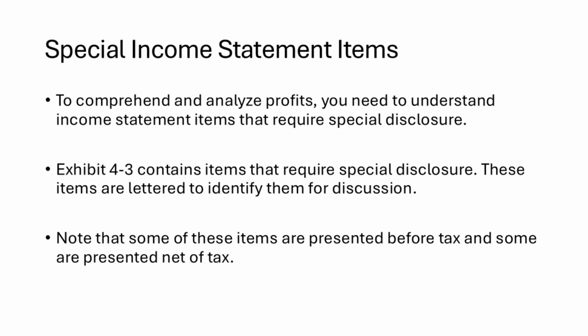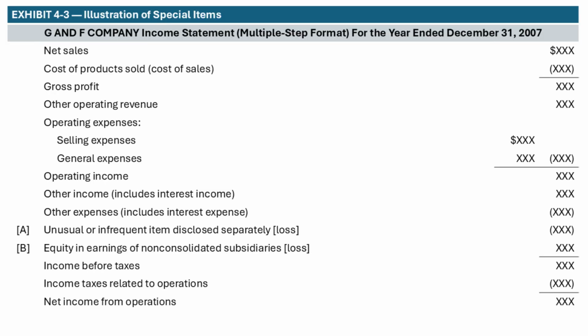These items are listed with identified names for discussion. But be careful to note that some of these items are presented before tax and some are presented net of tax. This slide and the next present Exhibit 4.3, illustrations of the special items.